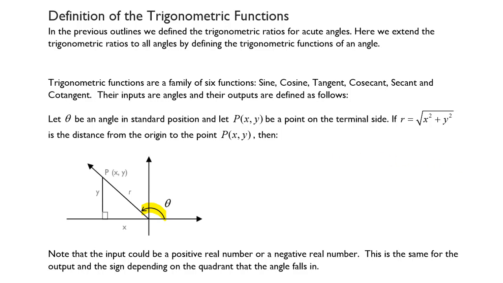Let theta be an angle in standard position, and let P of xy, so the point xy, be a point on the terminal side. I'm going to go ahead and make that terminal point be in blue.